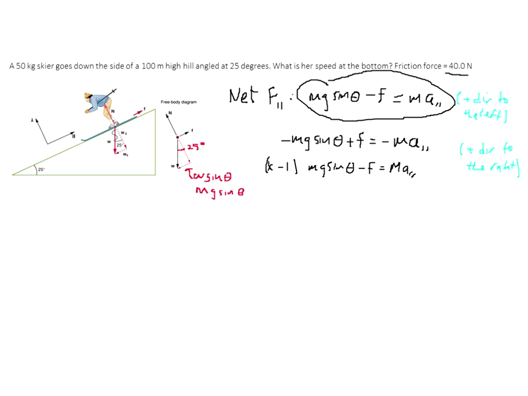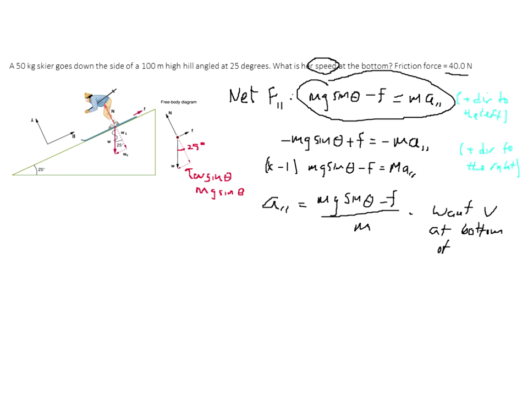All right, so going back to this one, that means that A parallel equals mg sine theta minus F divided by m. But we don't want acceleration, that's not our target variable. Our target variable is actually her speed at the bottom. So we want v at the bottom of the hill.